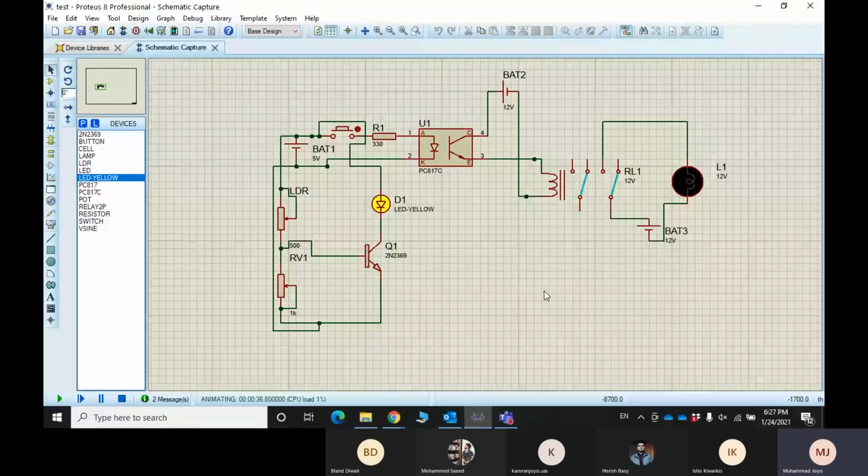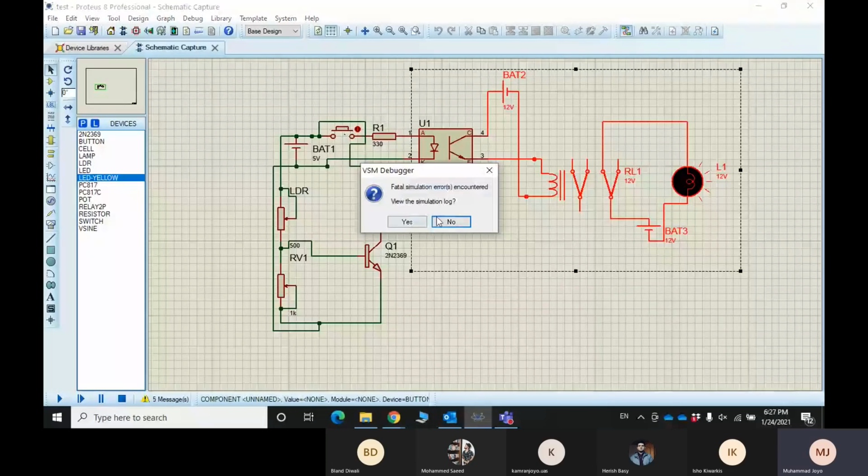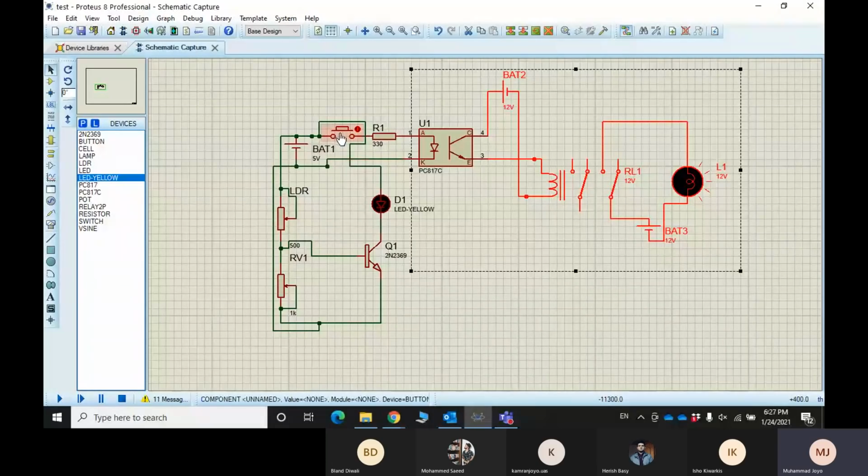What I want you to do, not now, I mean after the class, this is the output circuit, right? From optocoupler to the relay. Instead of using this switch, detach it and attach this whole circuit with this transistor.